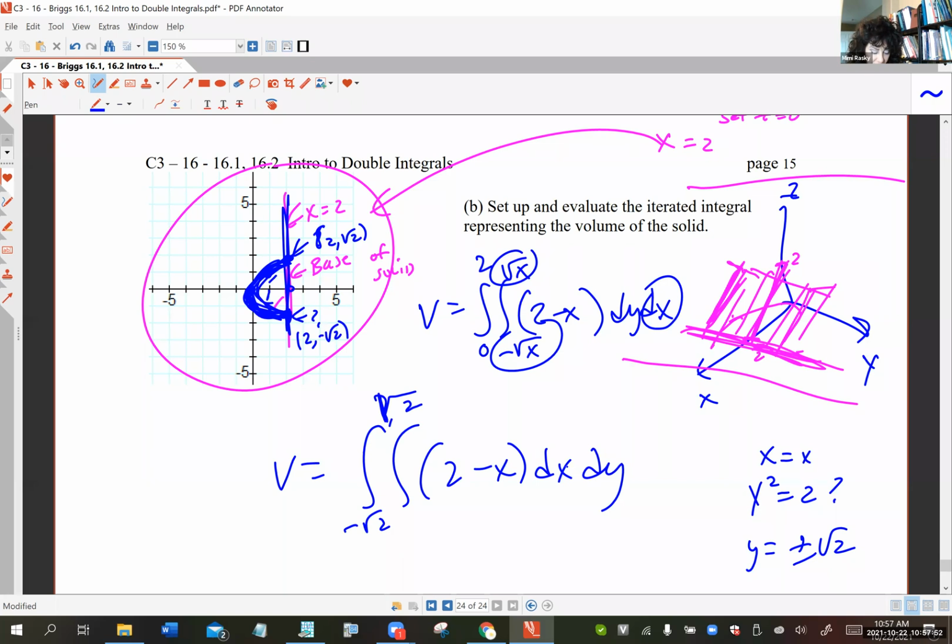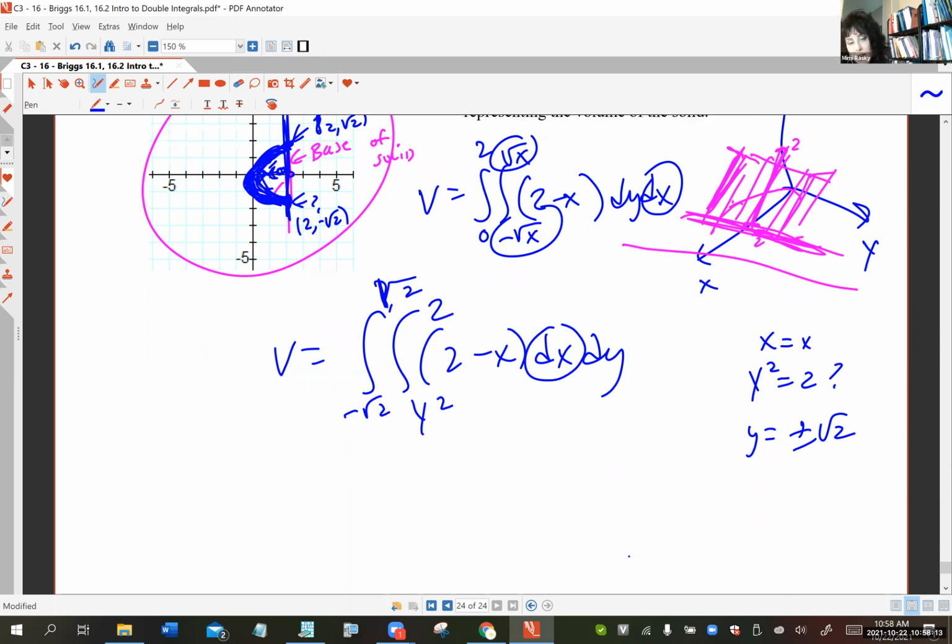And then what's x doing? Well, if you look at the horizontal little man, oh, it's getting really tough to draw this guy. It's sideways here. His head is on the upper limit, which is just x equals 2, and his feet are on the parabola, which is x equals y squared. Okay? And this is not hard to integrate. Either of these integrals are integrable.